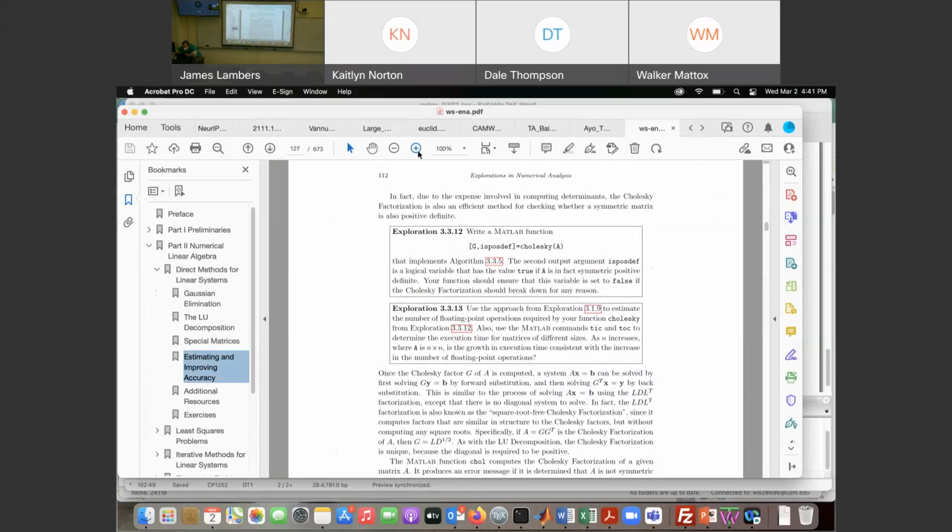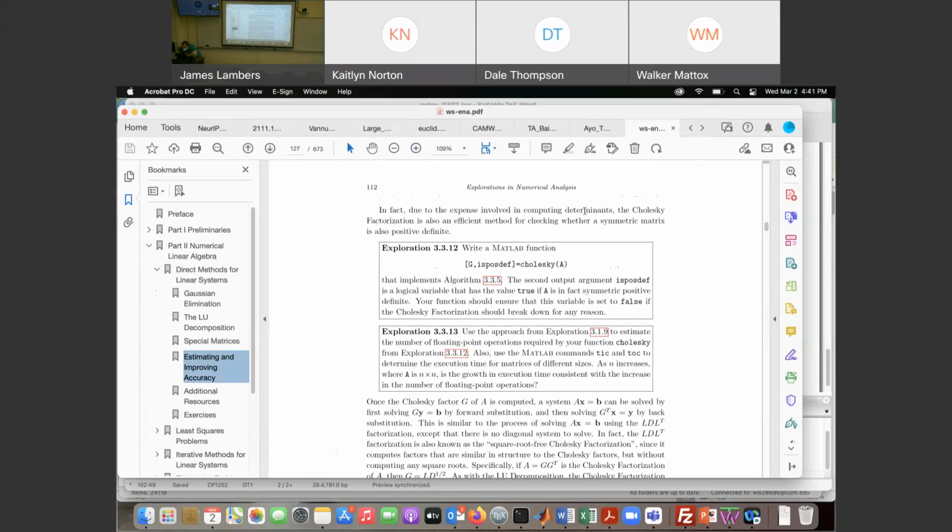So in that case, go ahead and let the computation continue. You would end up getting a complex matrix in that case. But once you detect that there's a problem, that's when is pos def is set to 0, or false.